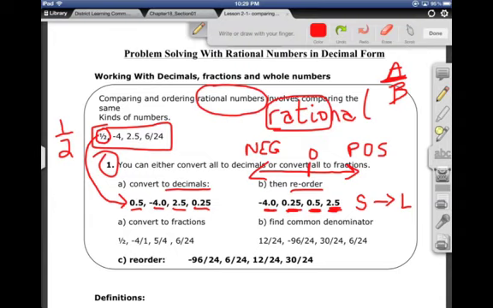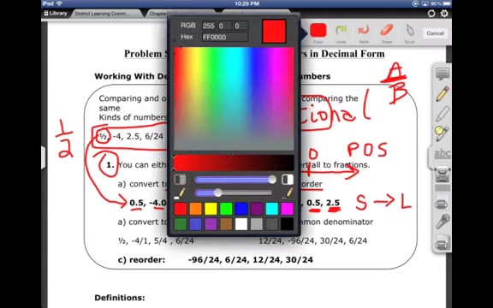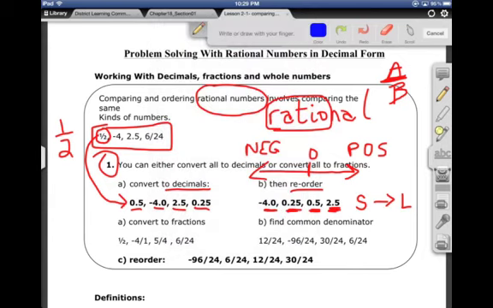Okay, now what is also fair, instead of just converting to decimals, is that you can convert these things, we'll go to blue this time, entirely to fractions. Now, if you convert them to fractions, one of the biggest things you have to be aware of is that if you're going to compare them, they had all better be out of the same value.